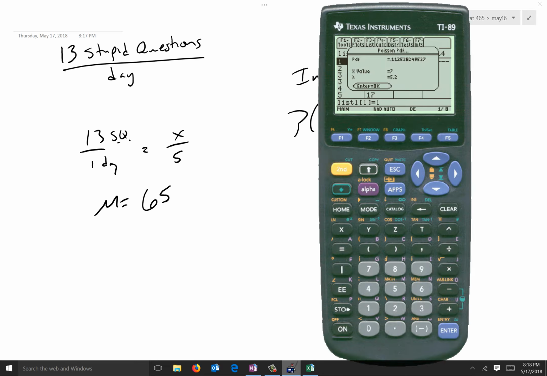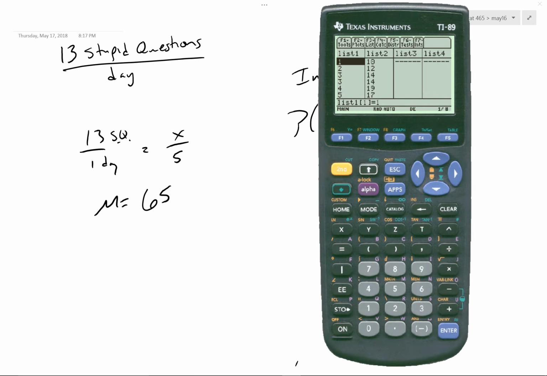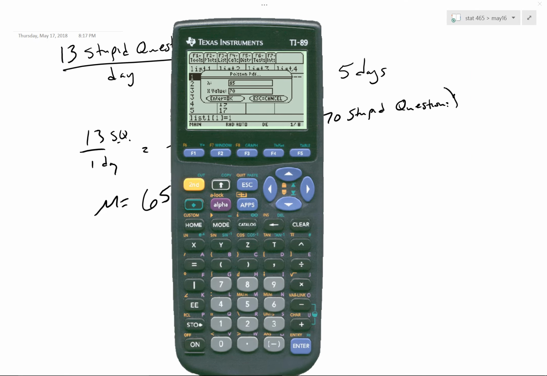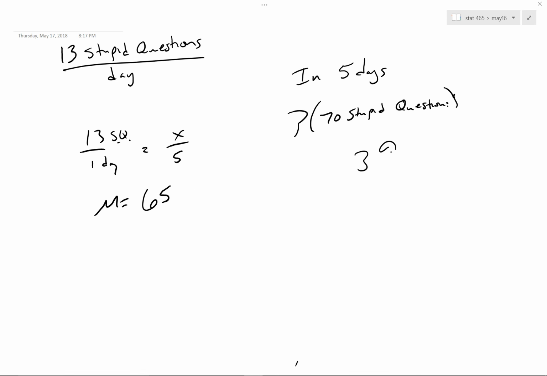So F5, over the top, Poisson PDF. I would have expected 65. I'm asking about 70, yes? Bam. I think that says about 3.9% chance of that happening. And again, pretty straightforward kind of deal.